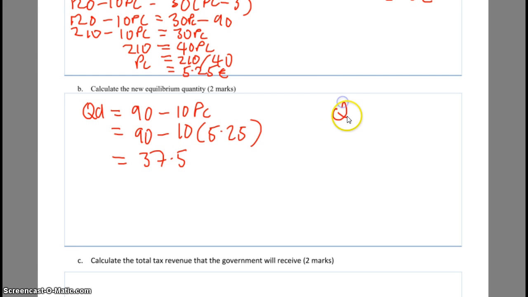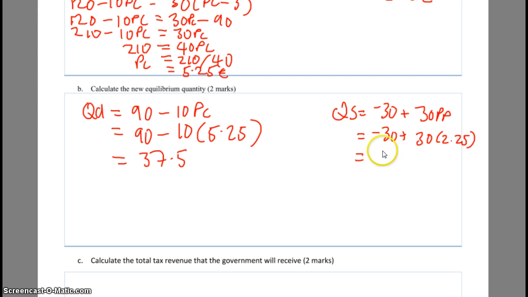37.5, and quantity supplied equals minus 30 plus 30 pp, and then we can just again do minus 30 plus 30 times 2.25, and that gives us minus 30 plus 67.5, and that leaves us with 37.5 again.